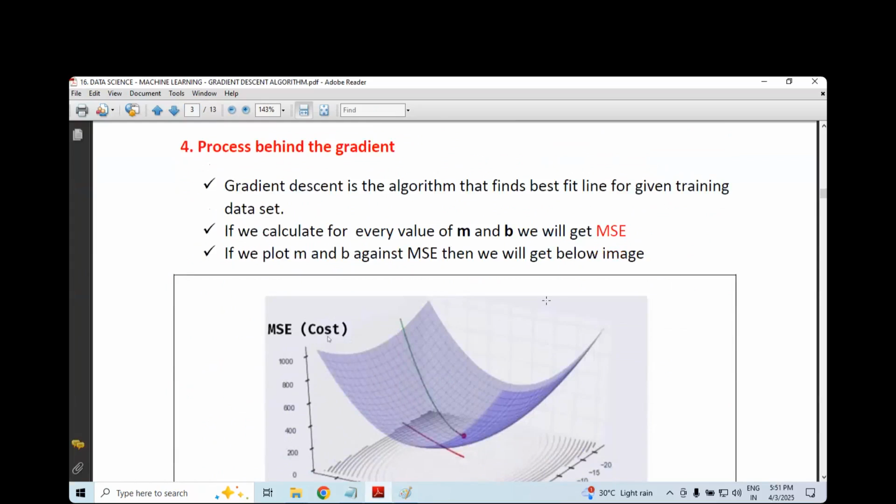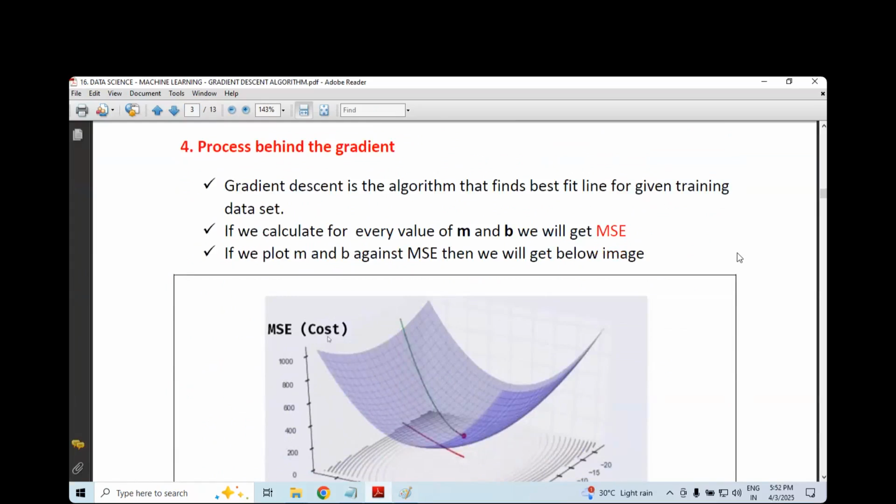Daniel, can you tell me what is the process behind the gradient descent algorithm? Gradient descent, sir, descent means decrease. Make a note on this. Ascent means increase. Gradient means error. Descent means decrease, so the error is decreasing.